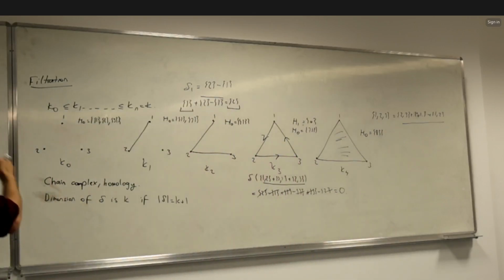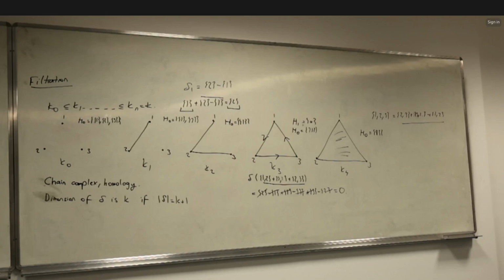So this is the map of how the homology changes, but we can visualize it better by putting it into a barcode.